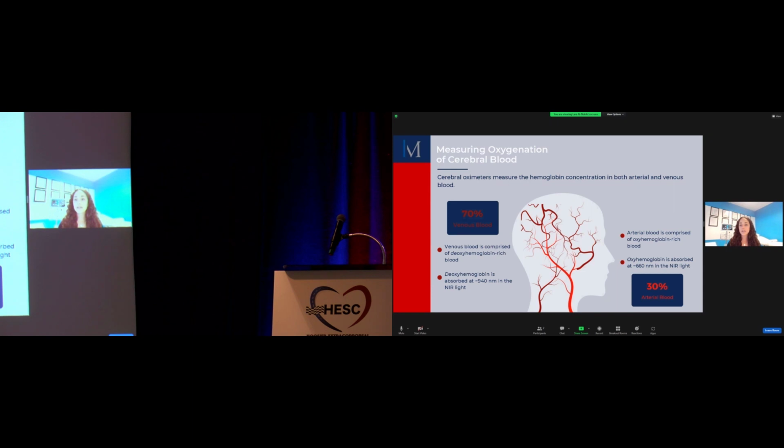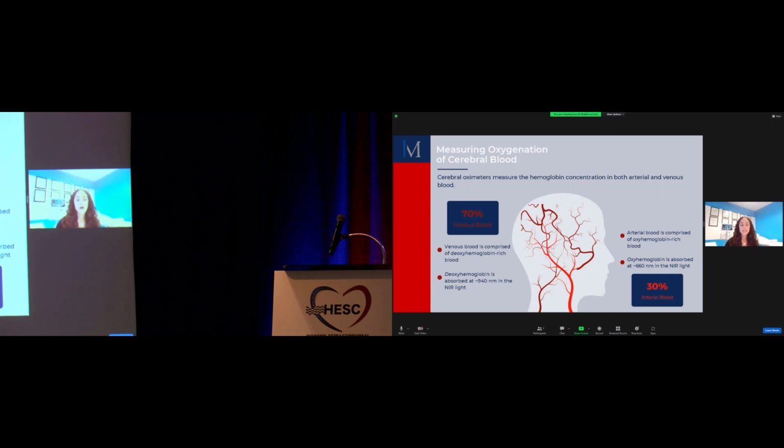And of course, the hemoglobin concentration does differ as well between venous blood and arterial. So venous blood is comprised of mostly deoxyhemoglobin-rich blood, and that's why we see it to be a bit more of a darker red, whereas the arterial blood is comprised of mostly oxyhemoglobin-rich blood, and that gives it that brighter red color.